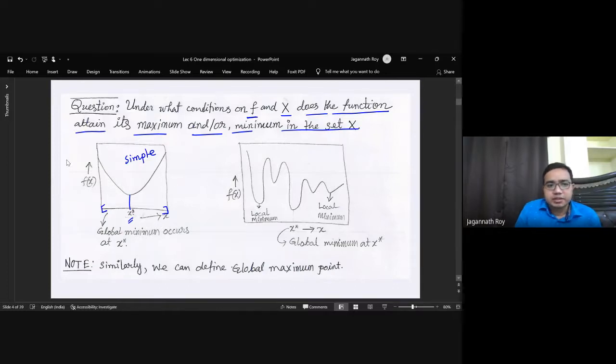We can find it by graphical method. But if we have a complex nonlinear function, complicated, with so many peaks, these are the peaks, these are the valleys.